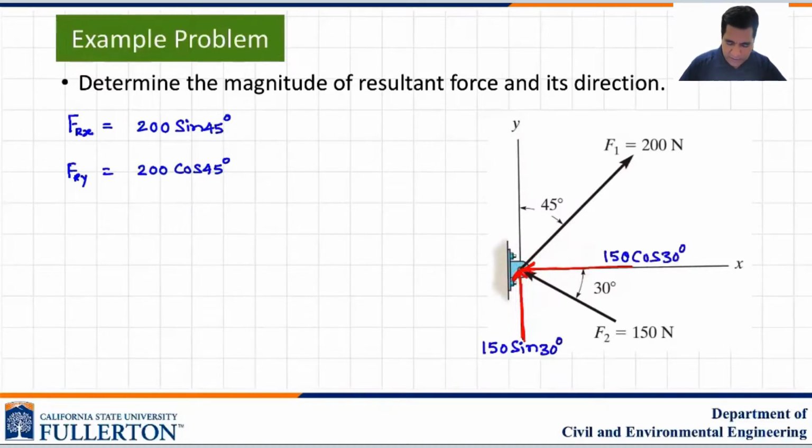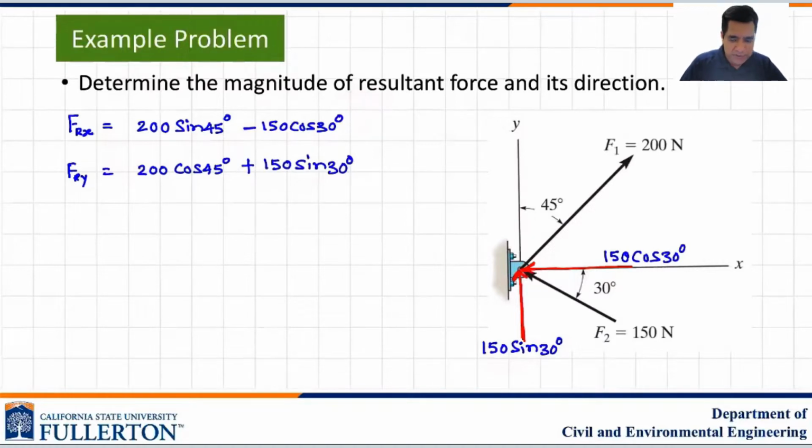The x and y components of this one are going to be 150 cos 30, since the near component is cos 30, and the farther component is going to be sine 30, so 150 sine 30. If we put them together, the x component is actually negative: minus 150 cos 30. That's why we have it here. And 150 sine 30, that's positive. So now we have included the components of all possible forces.